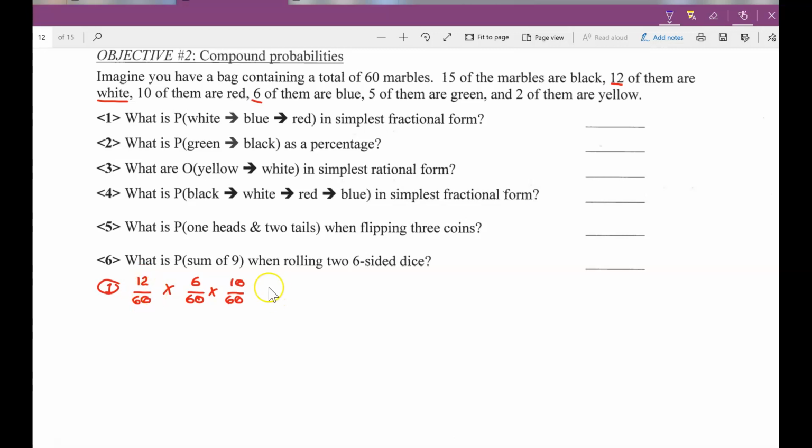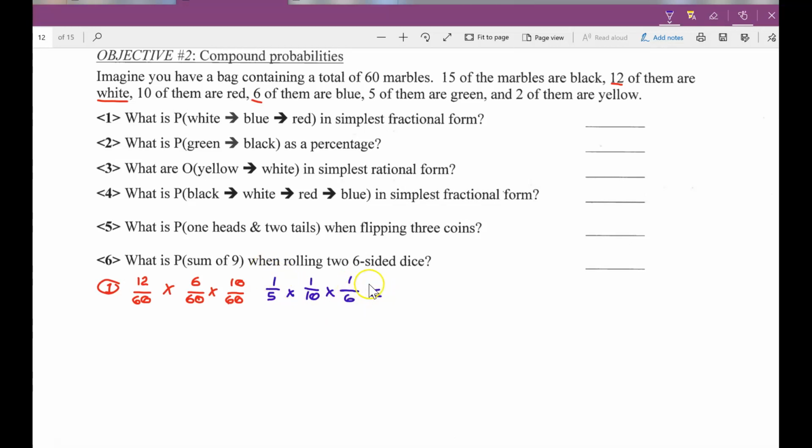So, the first one is 12 out of 60. That becomes 1/5. The second one is 6 out of 60. That's going to be 1/10. And the third one is going to be 10 out of 60. That becomes 1/6.